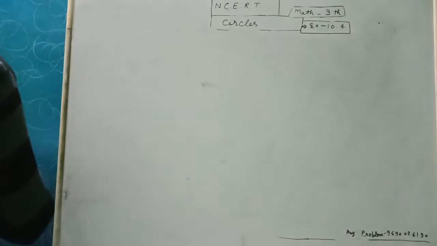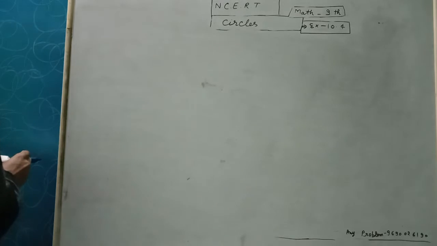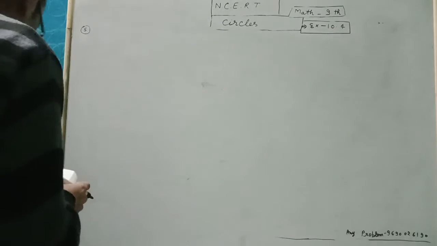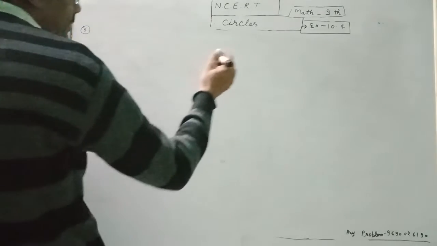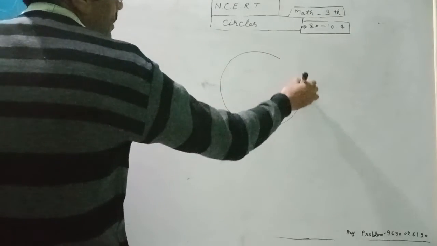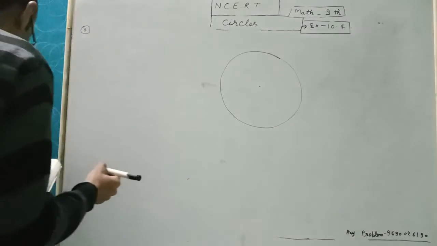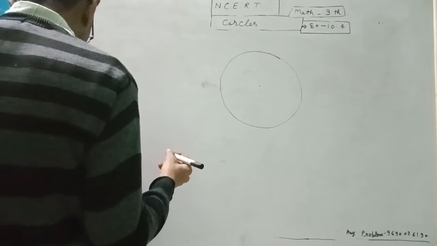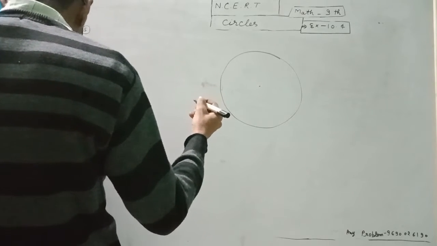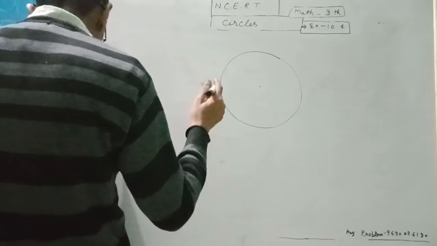Question number 5. Three girls, Salma, Resma and Mandeep, are sitting, playing a game, standing in a circle.